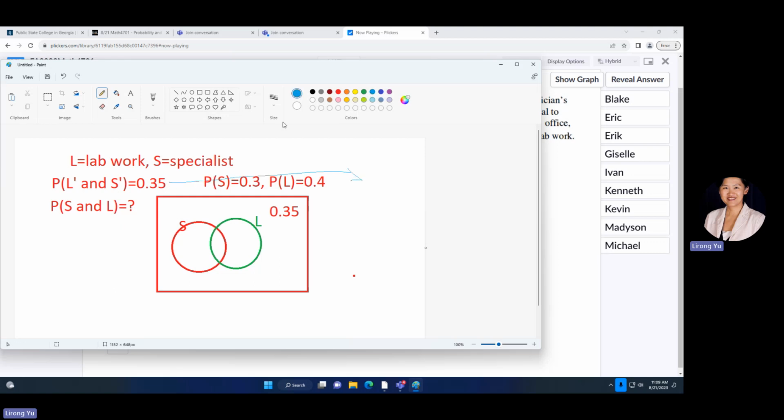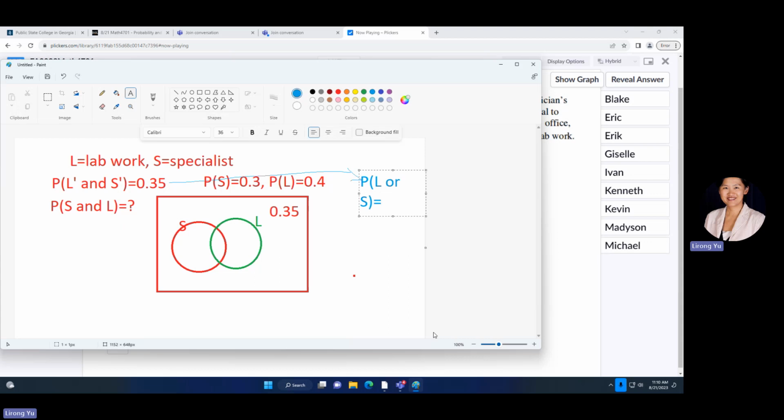From this, you can immediately get the complement, which is the probability of L or S. It's the opposite of not L and not S. If you want to take the complement of that, because of De Morgan's law, it has to be the opposite of L prime, not S prime: L would be L, the opposite of and would be or, and the opposite of S prime is S. So you reverse the logic to find the complement.